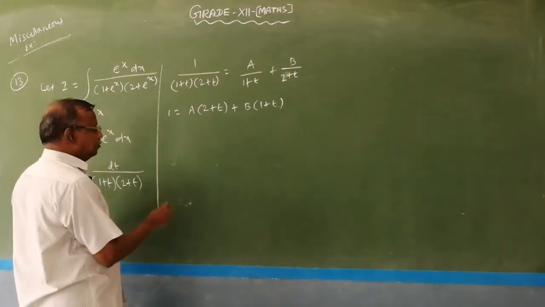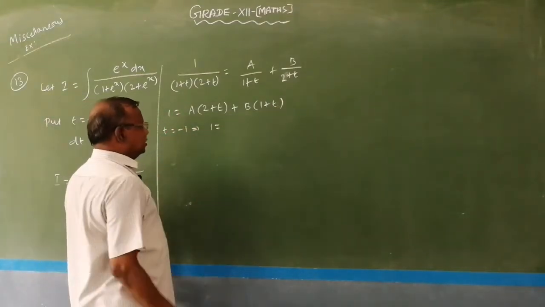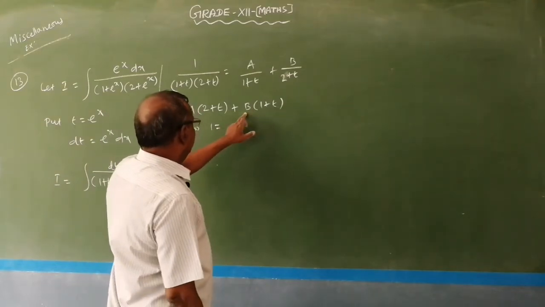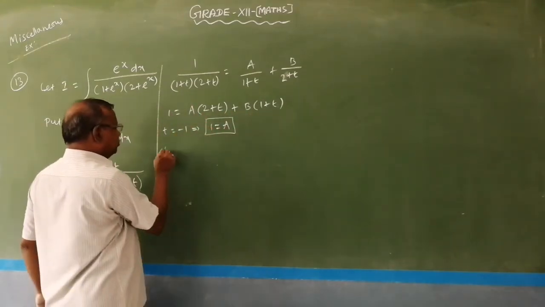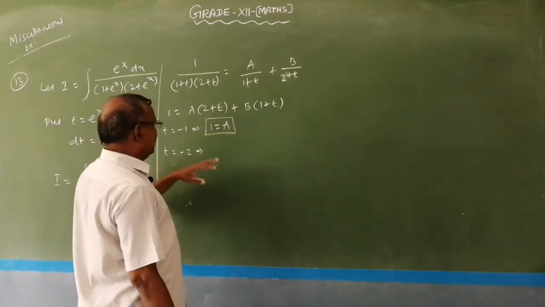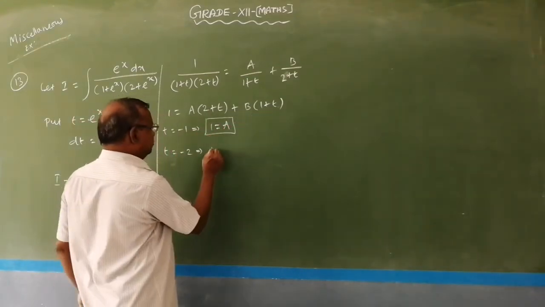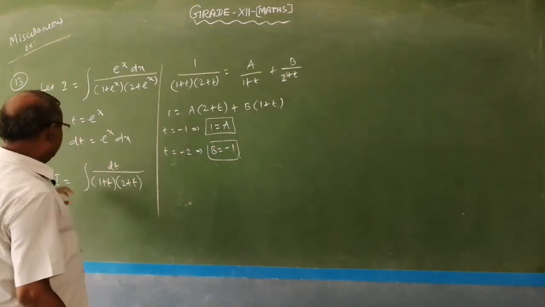Put t equal to minus 1, then 1 equal to a, because the b term is eliminated. Put t equal to minus 2, then a is eliminated and we get minus b. So, b equal to minus 1, and substitute here.